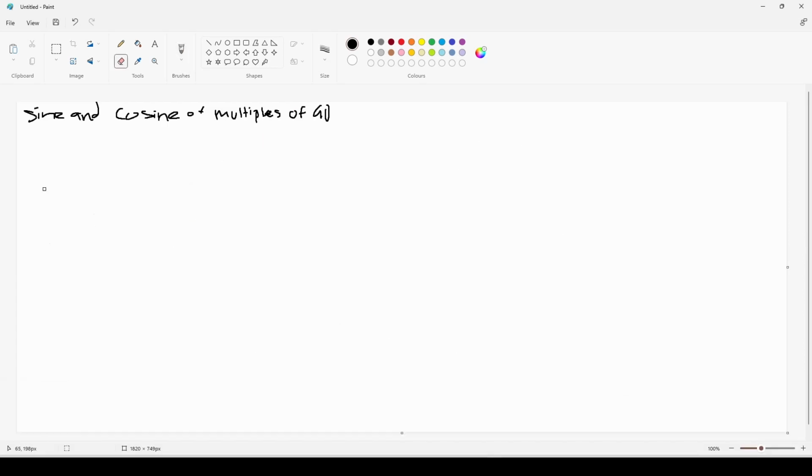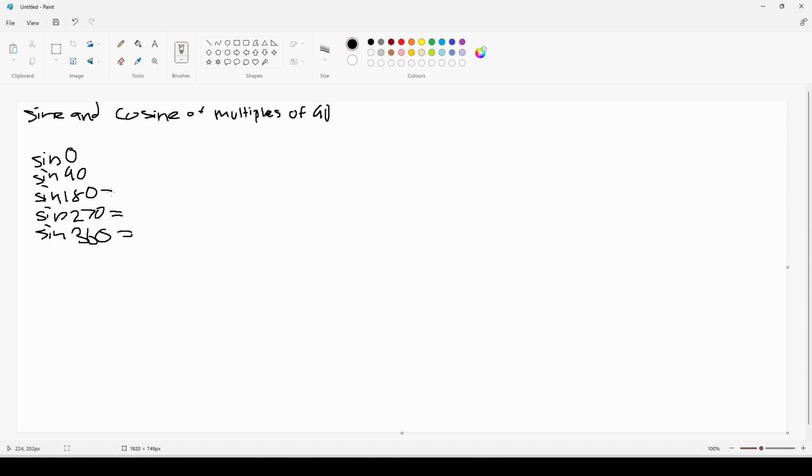Next, I want to look at the significance of the sine and cosine of multiples of 90. So first, let's take our sines. This is sine of 0, 90, 180, 270, and 360.